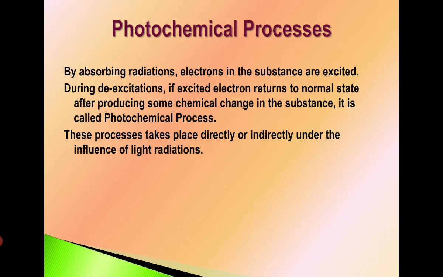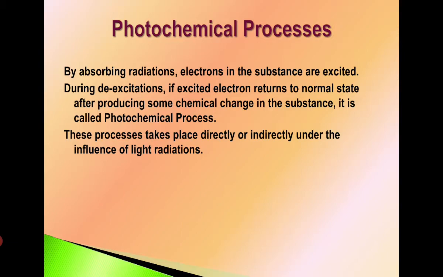If the electron returns to the ground state after producing some chemical change in the substance, it is called a photochemical process. Till now we have seen electrons getting excited to higher levels and de-excited, returning to the ground state without producing any chemical change. Then they are called photophysical processes.